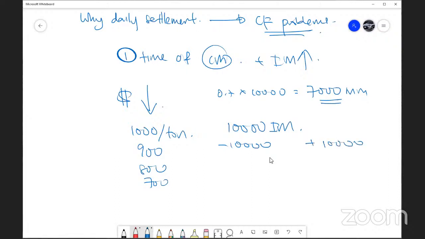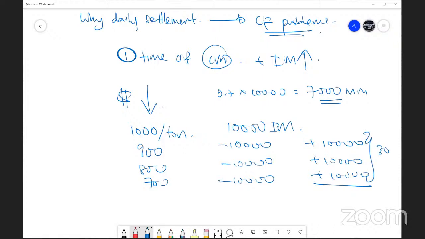The following day, it drops another 100, minus 10,000 again. Top up another 10,000. Then it drops some more, and you top up another 10,000. So if you don't have cash flow or sufficient money, where do you find this 30K to top up? Where are you going to get this $30,000?